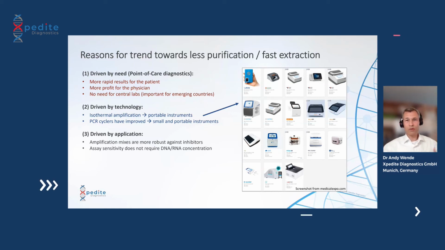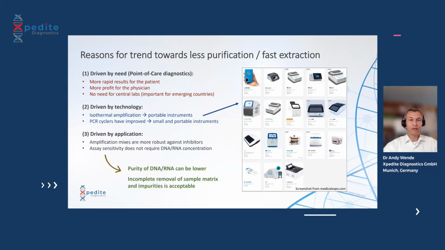And so, of course, the DNA and RNA doesn't need to be as pure anymore as it was in the early days of nucleic acid extraction. Depending on your application, you can really work with not so pure nucleic acids. That means the removal of all these impurities like proteins, lipids, carbohydrates doesn't need to be 100% anymore.